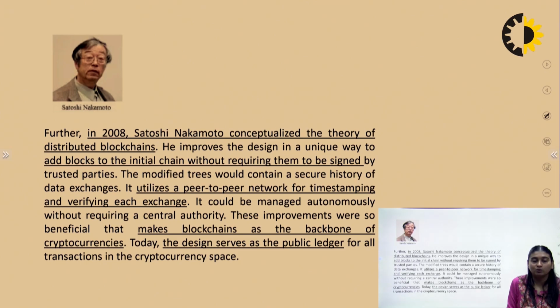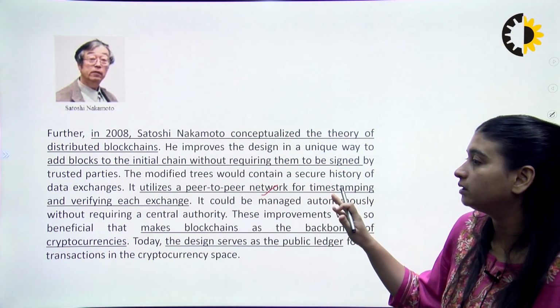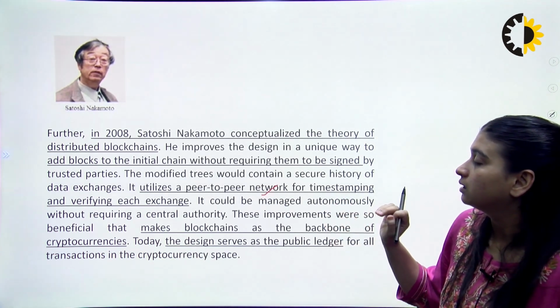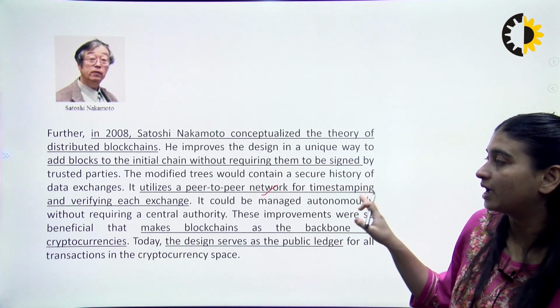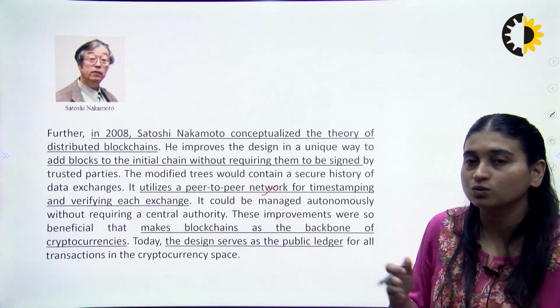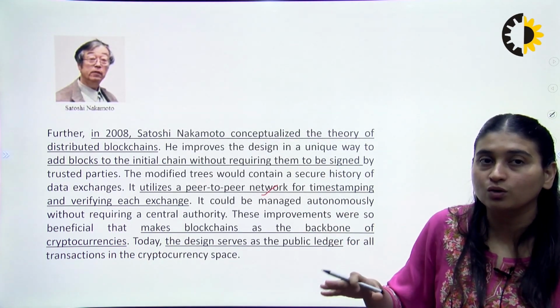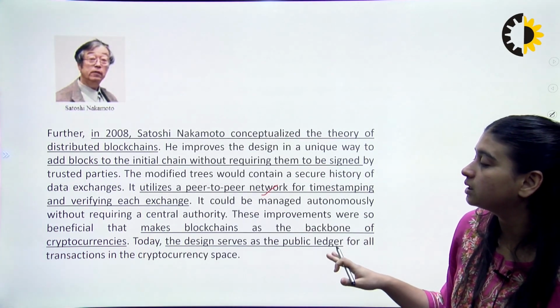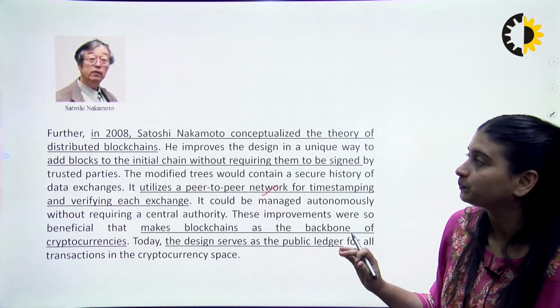He tried to reduce the involvement of parties, and he utilized the peer-to-peer network. That is the third category, the technology behind blockchain for time stamping and verifying each exchange, so that the blocks are arranged in chronological fashion. This makes the blockchain the backbone of cryptocurrency, and the design serves as a public ledger.